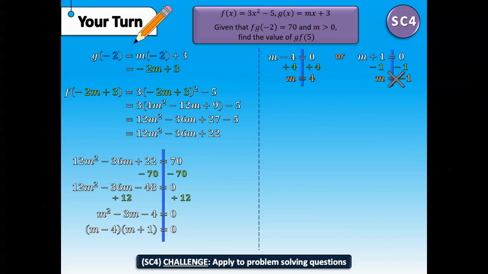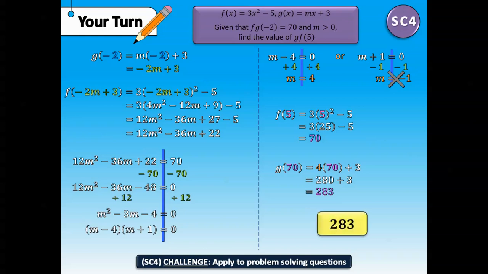So m can only equal 4. It can't equal minus 1. If I find f of 5 and substitute that into g, so my answer is 283.